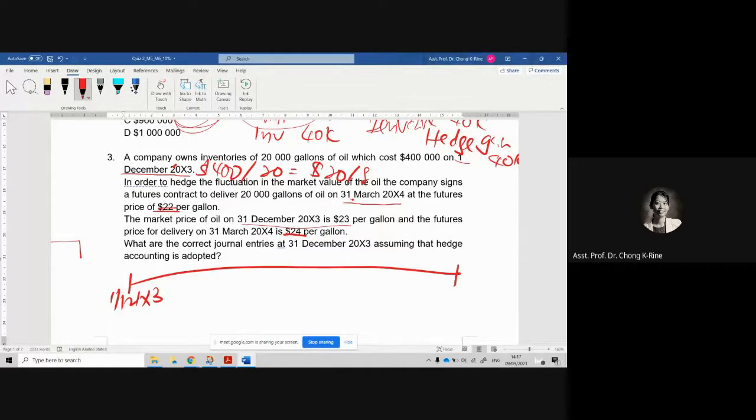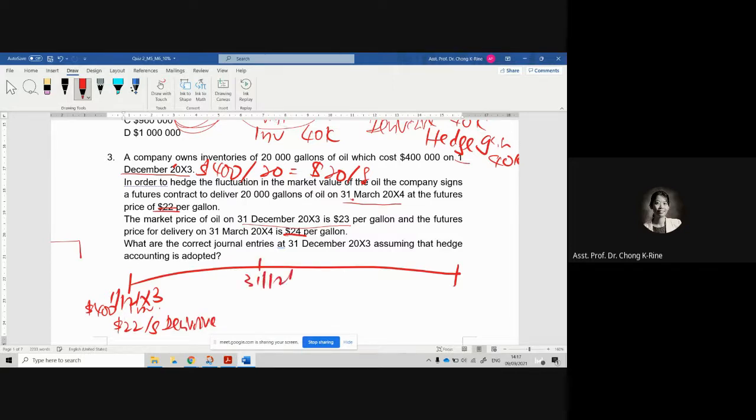Our inventory is 400,000. 400,000 is our inventory in the balance sheet. How about the derivative? For the derivative, no journal entries, but we understand that the derivative is 22 per gallon. That's the derivative. Very horrible handwriting.